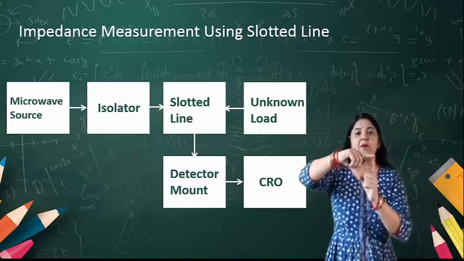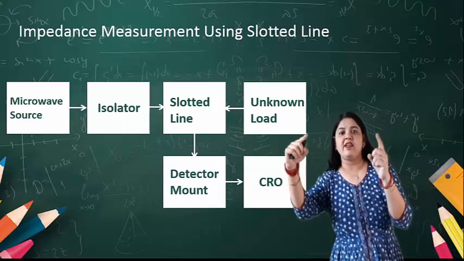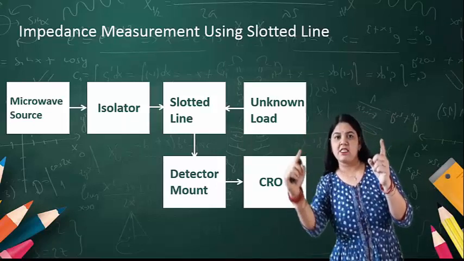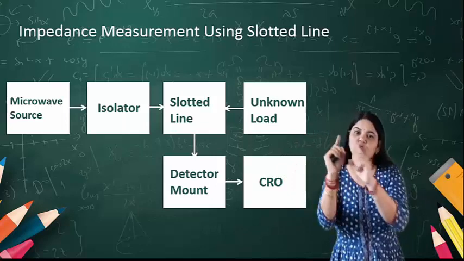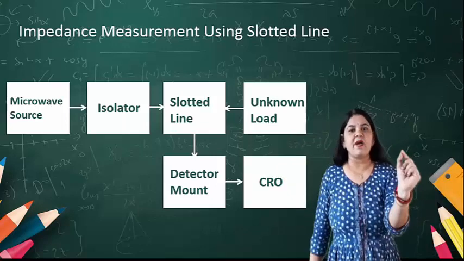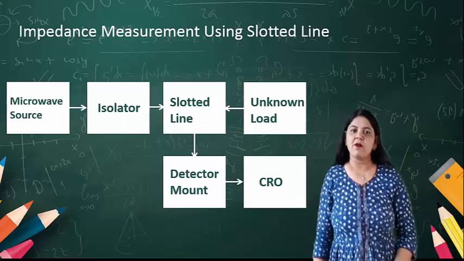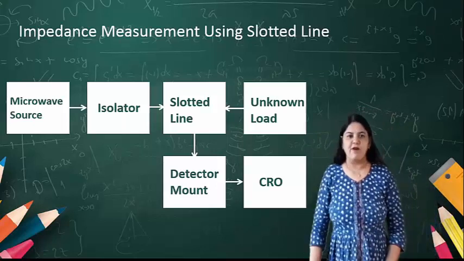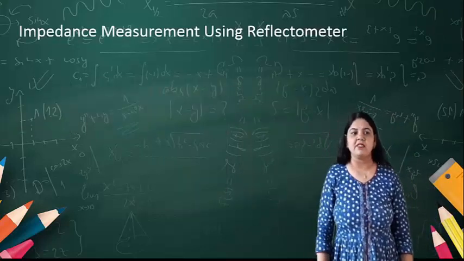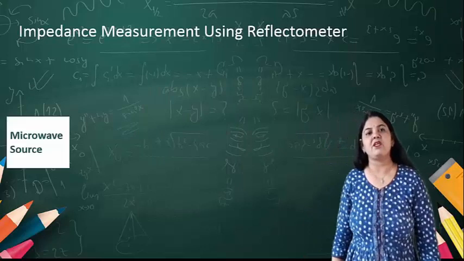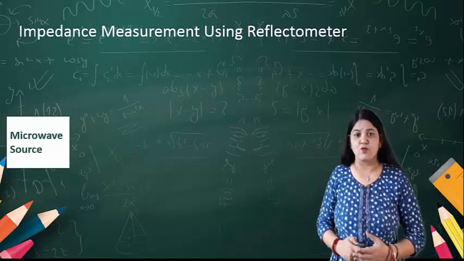My input signal is traveling, and after that my signal comes back. So we know my V maximum and my V minimum, and from that we can find it out. The second method is impedance measurement using the reflectometer.